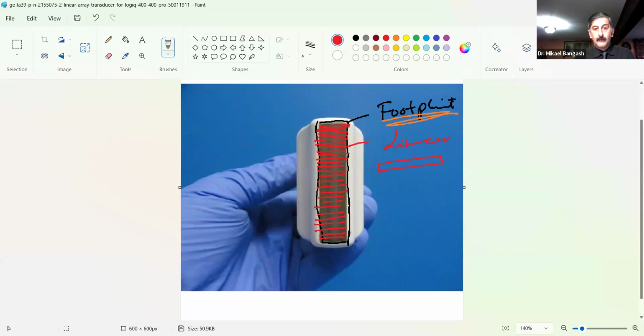The way that we are going to be holding our transducer in most instances, this dimension here is going to be the height, whereas this dimension here is going to be the width.